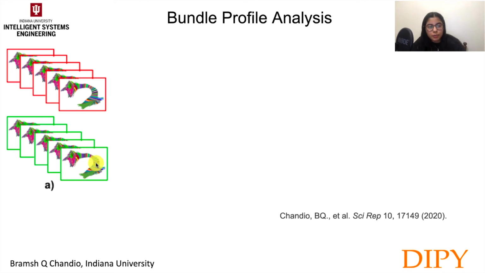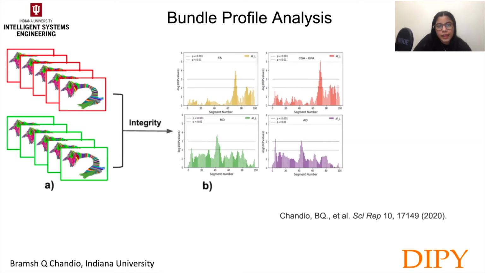So this shows the bundle profiles with the bundle segmented into 100 segments and then the DTI measures projected on it.